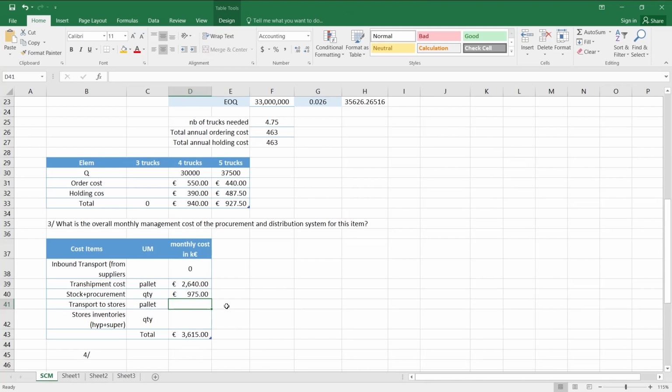For the transport to stores, it is the total number of pallets that we are going to ship basically from our warehouse C to our different stores, which means the hypermarkets and the supermarkets.